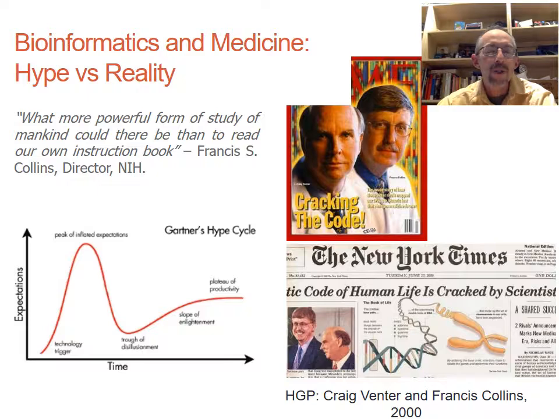I am not sure where we are on that upslope, but I can tell you that there was a peak of inflated expectations and some disillusionment. Yet I think most scientists in the field today would agree that the Human Genome Project was hugely successful, productive, and led to so much advance in science and in medicine.